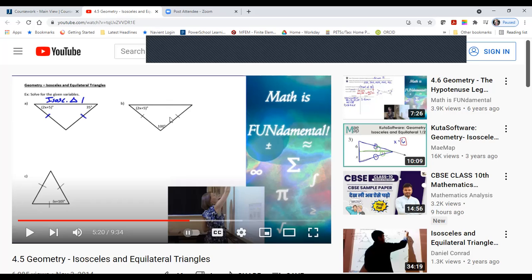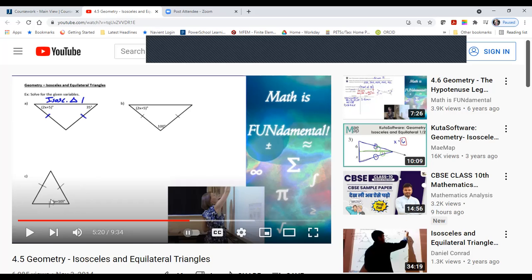The total sum of all of the angles of a triangle is 180 degrees, right? So if you subtract 100 from 180, you get 80 degrees. Because these two are the same, this one will be 40, this one is 40, right? So in order to find x, you can make this one equal to 40, right?